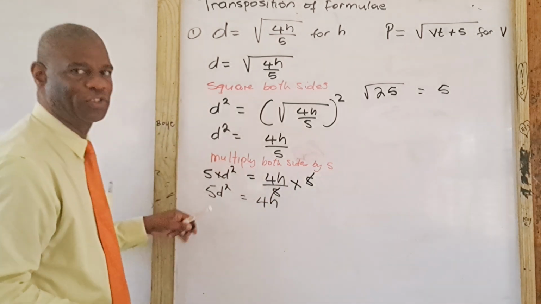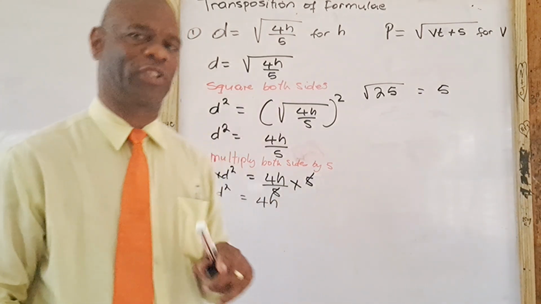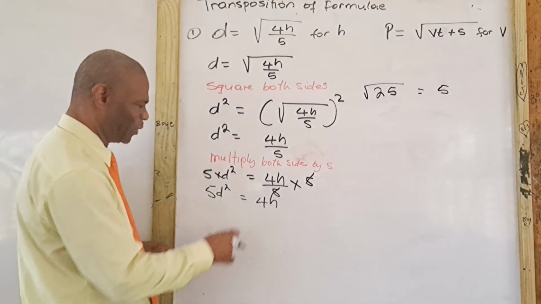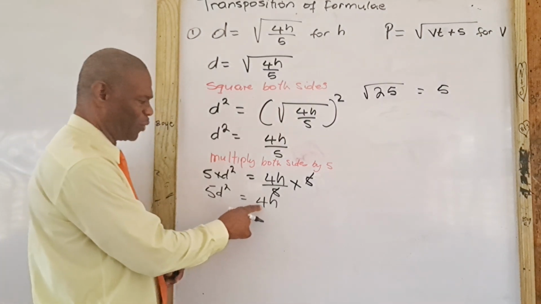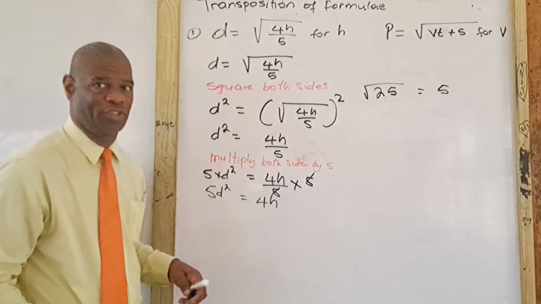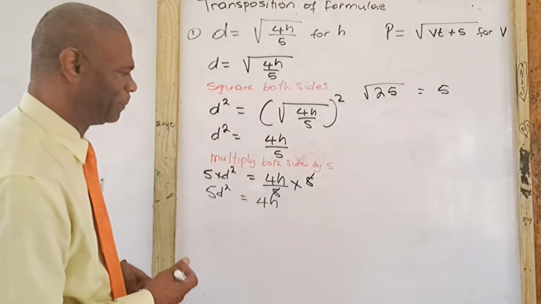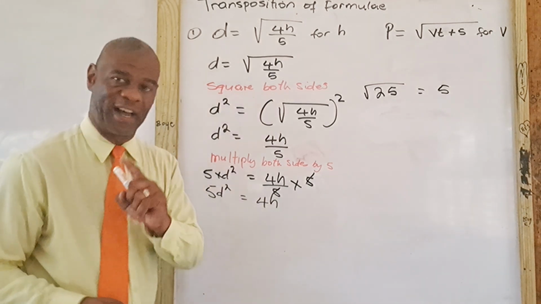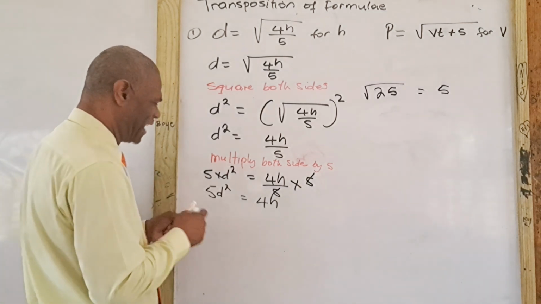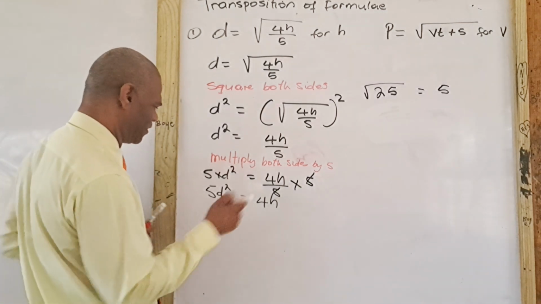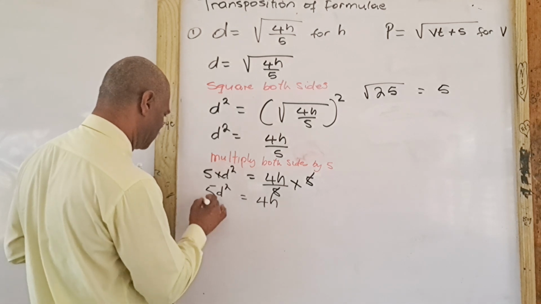We want to make what the subject? We want to make h the subject of the formula. And so we are going to get rid of this 4. Now we have 4 times h. To undo multiplication, we must divide. Very good. So we are going to divide both sides by 4.